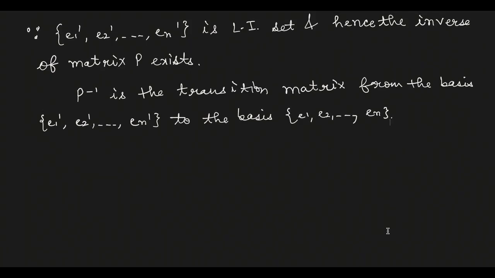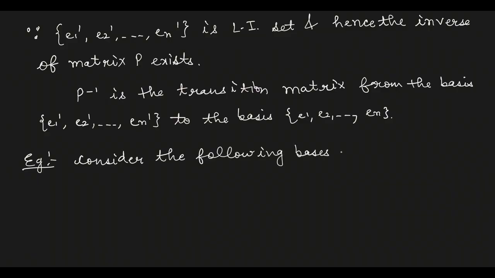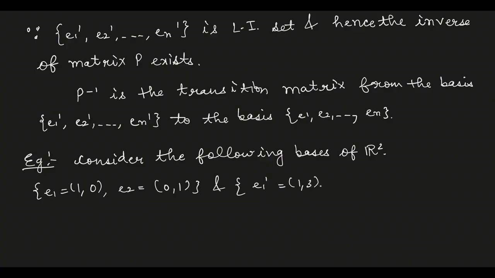Example. Consider the following basis of R square. E1 is equal to (1, 0), and E1 dash is (1, 3), E2 dash is (2, 5).